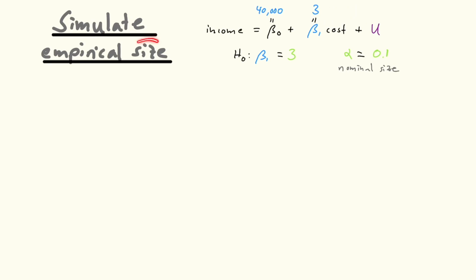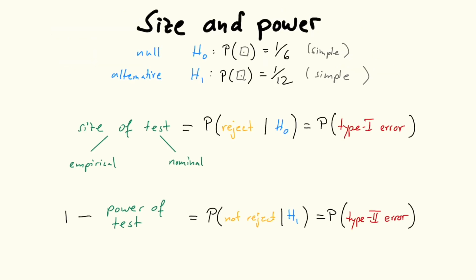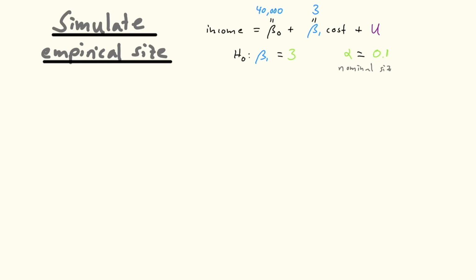Now that we've covered size, we move on to power and we simulate the power of the test. Power is all about scenarios where the null hypothesis is false. Therefore, we want to simulate beta 1s that are different from the value that we hypothesize.